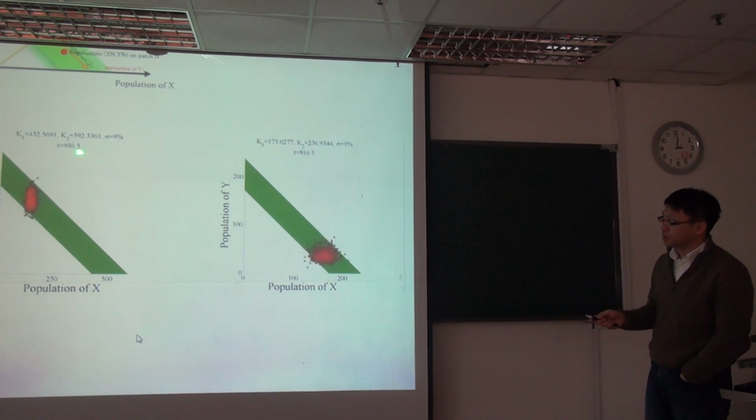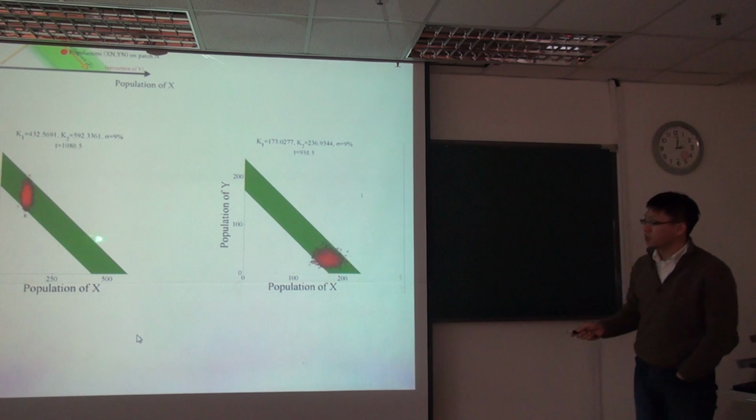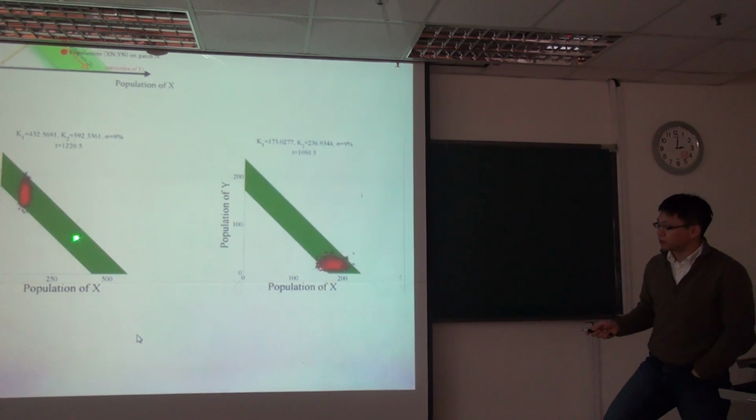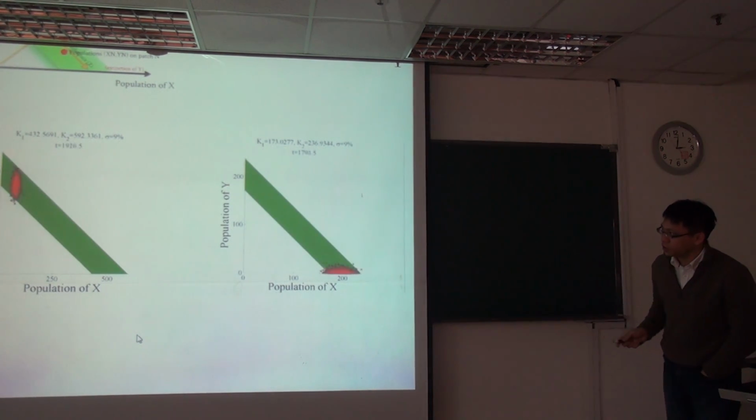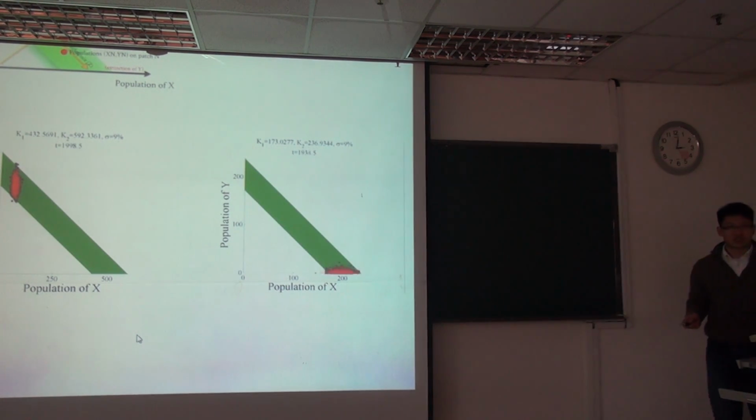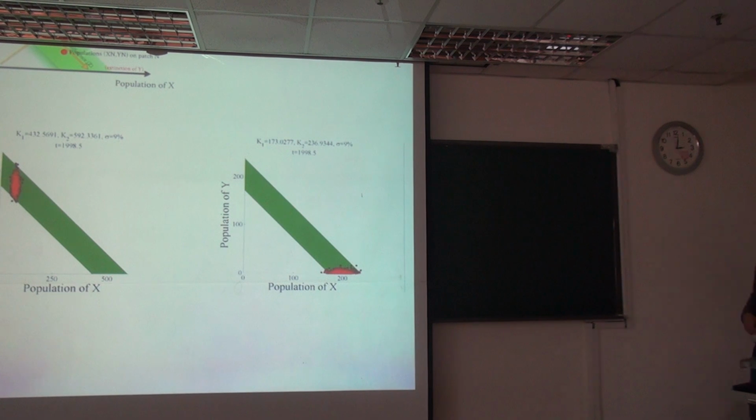After about 1,000 generations, the population of species X declines in this regime when the population scale is high, but increases in this regime. So this is the regime shift that I showed you in Kessler and Sanders' results. What happens in this system? Actually, stochasticity is responsible for this.